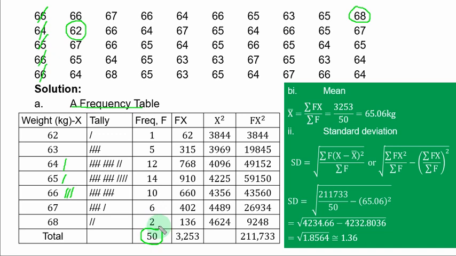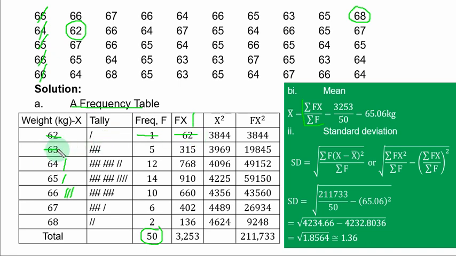Now let's get the mean. The mean for data involving frequency is simply the summation of fs, that is the product of frequency and the weight, divided by the sum of frequency. For that, you need to add the next column, fs. Here this is your s, this is your f, so you multiply 62 by 1, you have 62.